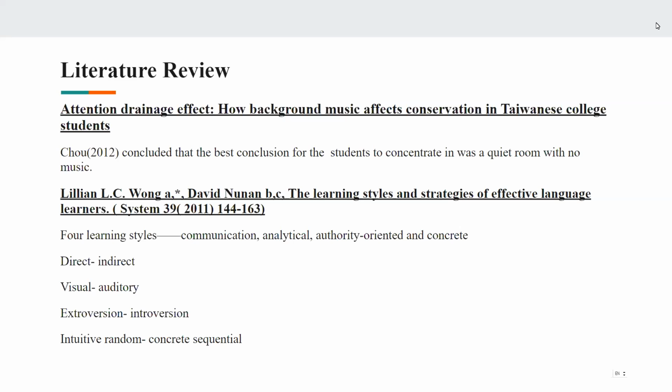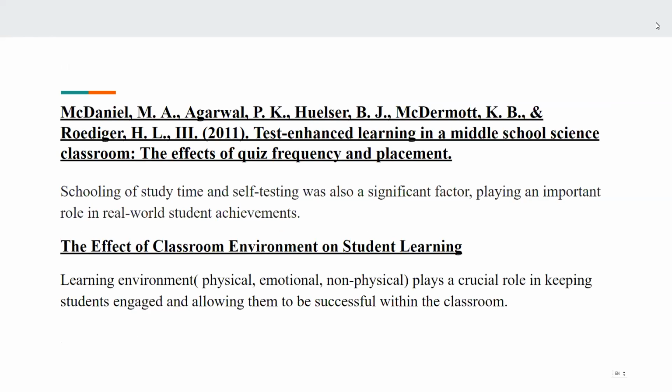Please, next page. Next, Test-Enhanced Learning in the Middle School Science Classroom: The Effects of Quiz Frequency and Placement. The article concluded that scheduling of study time and self-testing was also a significant factor playing an important role in real-world student achievement. And The Effect of Classroom Environment on Student Learning.